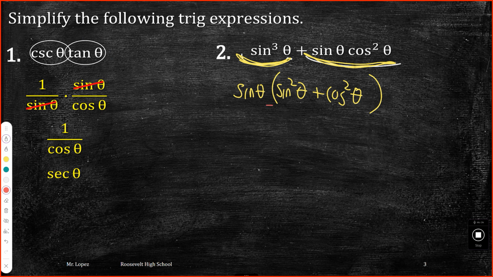What is this equal to? It's 1. Sine squared theta plus cosine squared theta is 1. It's the fundamental identity. 1 times, because we're multiplying, 1 times sine theta, the answer is sine theta. So that turned out to be sine theta.